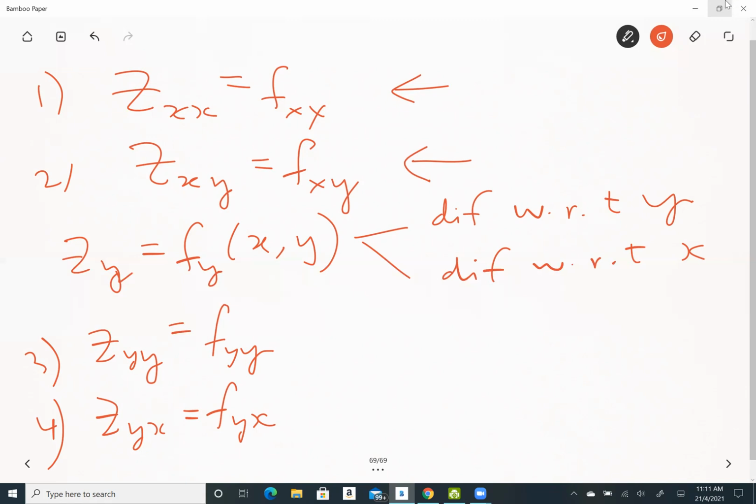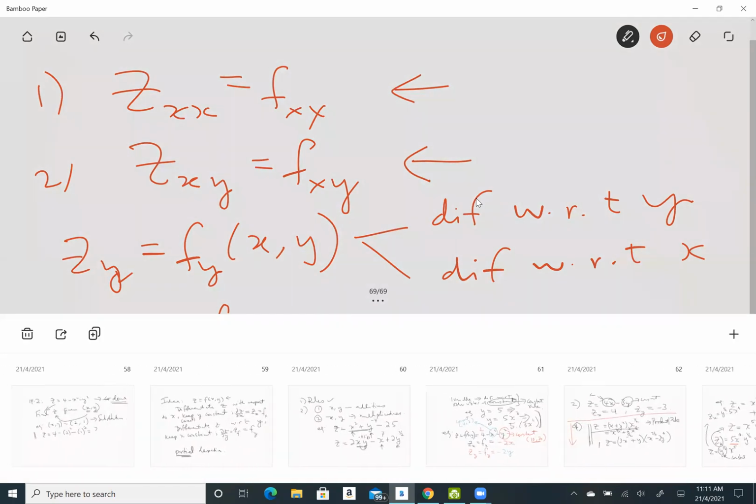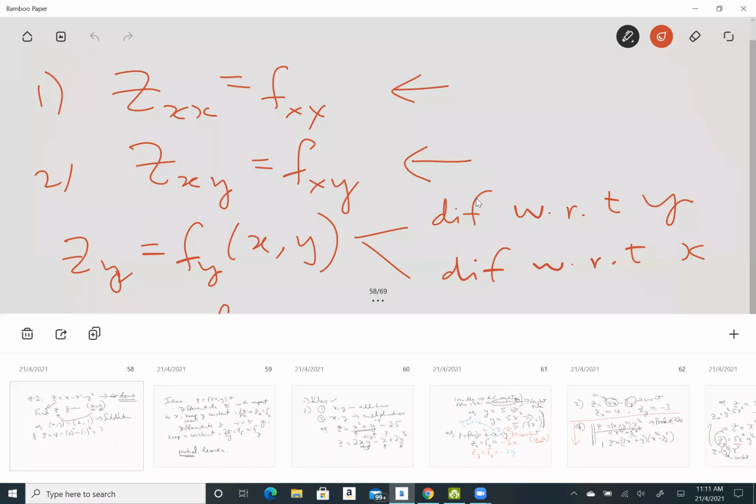Or you can look at it in terms of z. So it's just simply the derivative of the first partial. So let's look at the example again. We already did a few questions earlier, so we just do that question.